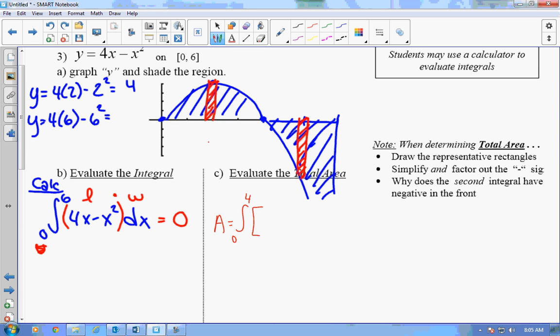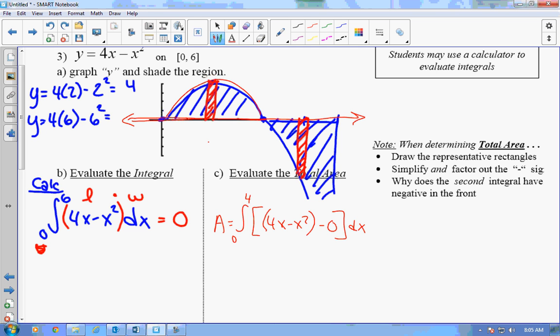We have the top of this is our function, 4x minus x squared, minus what's the bottom of the function? What's this line? It's y equals 0, dx.